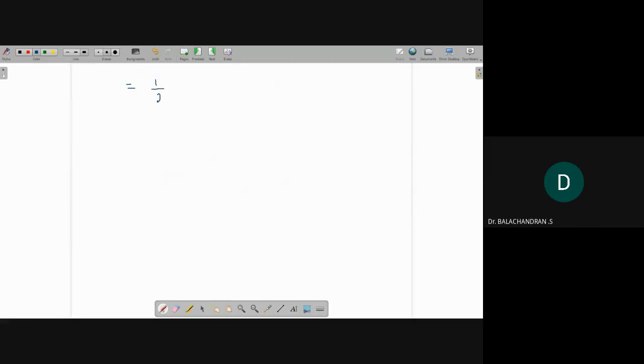So 1 by 2 into del cross v vector is w vector cross r vector. I take this as equation 1. We are taking RHS. So now first I will calculate w vector cross r vector.